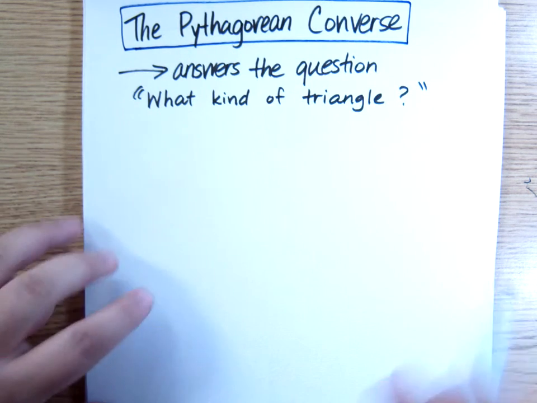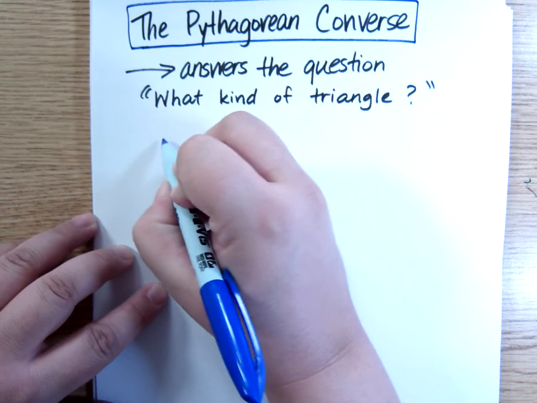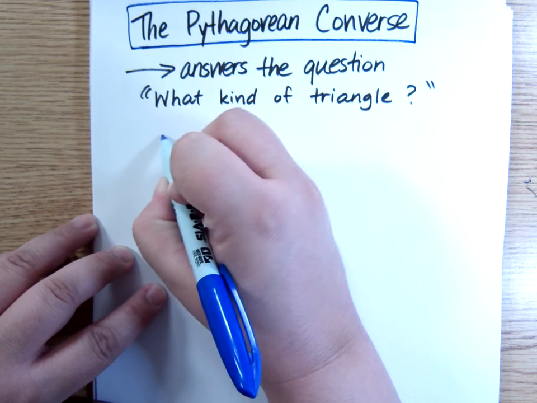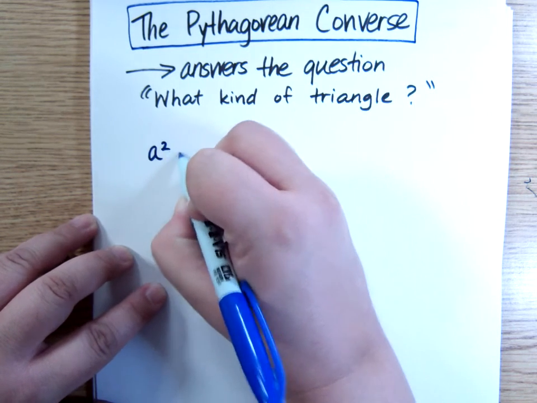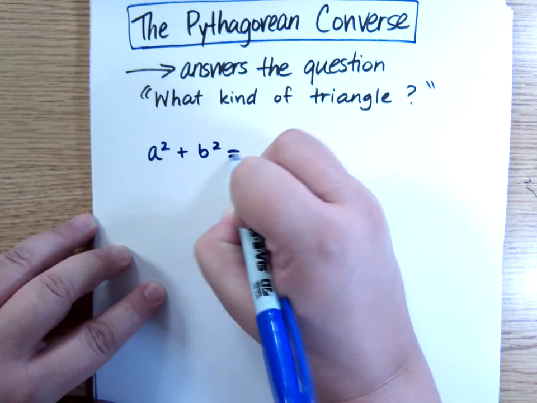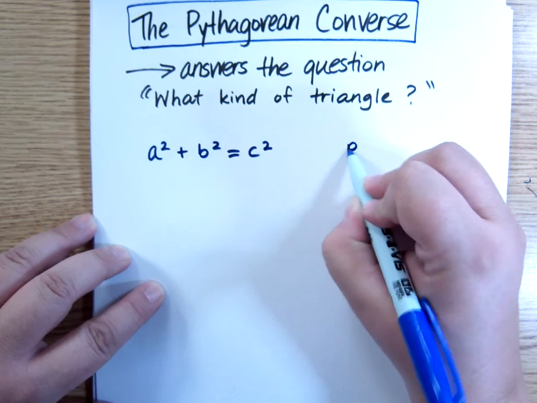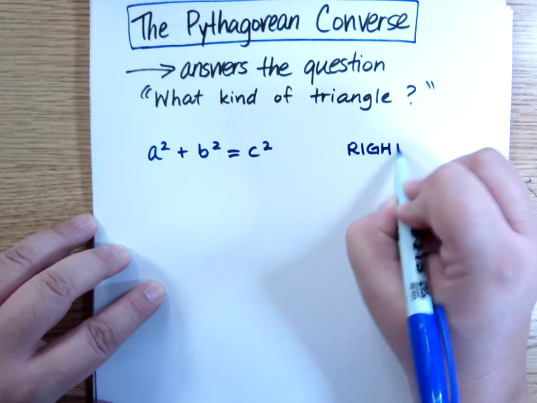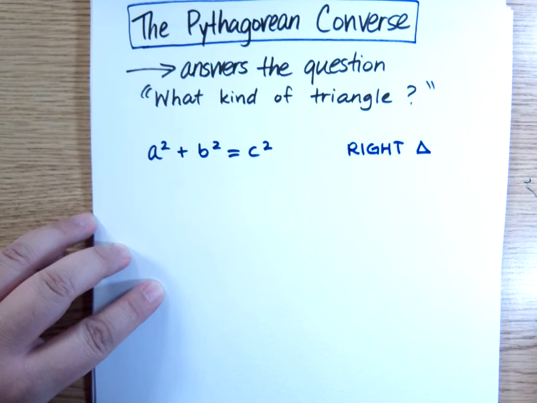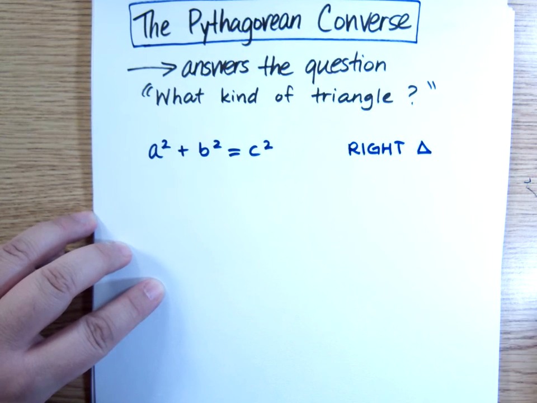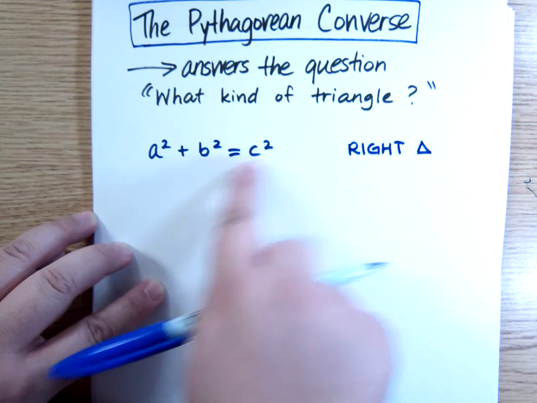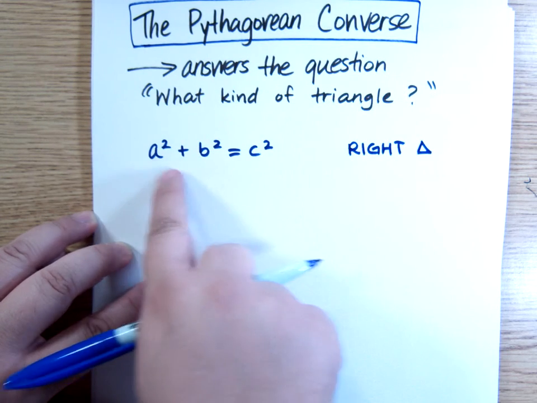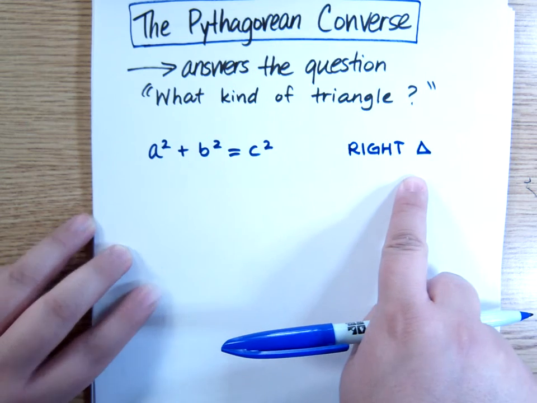What kind of triangle would it make? Well, we know that if a squared plus b squared equals c squared, that's a right triangle. That's the converse of the Pythagorean theorem, because the Pythagorean theorem says if it's a right triangle, then this is true. So going backwards says if this is true, then it's a right triangle.